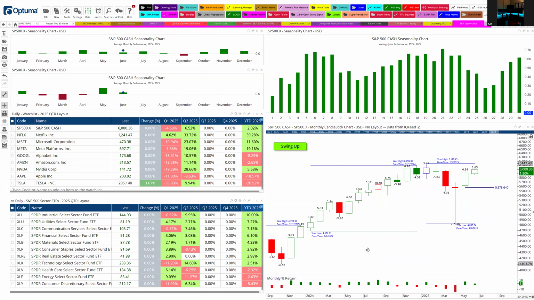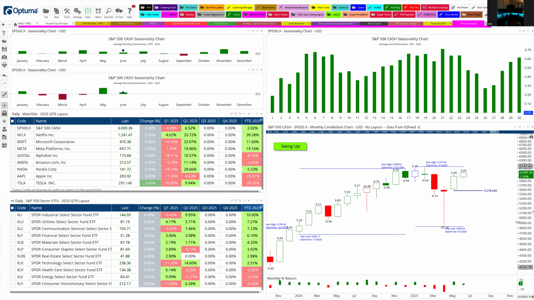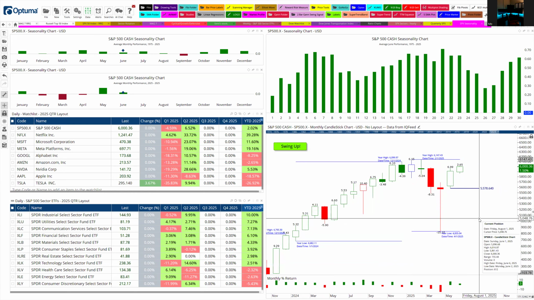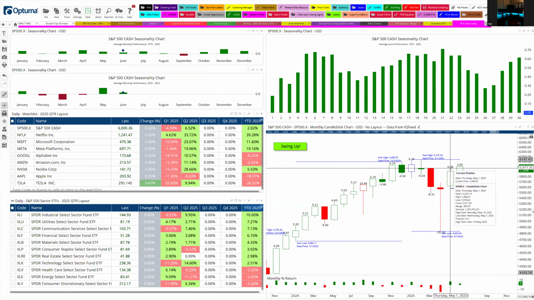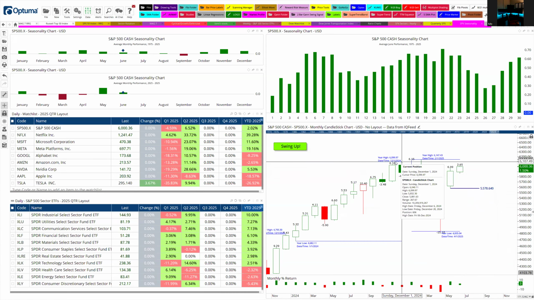But what I'm trying to make a case for here is what is the average monthly range that you see here each month? Once you study this, you will have a pretty good idea. It doesn't mean that it's going to hit to the penny, but you can come really, really close to it.